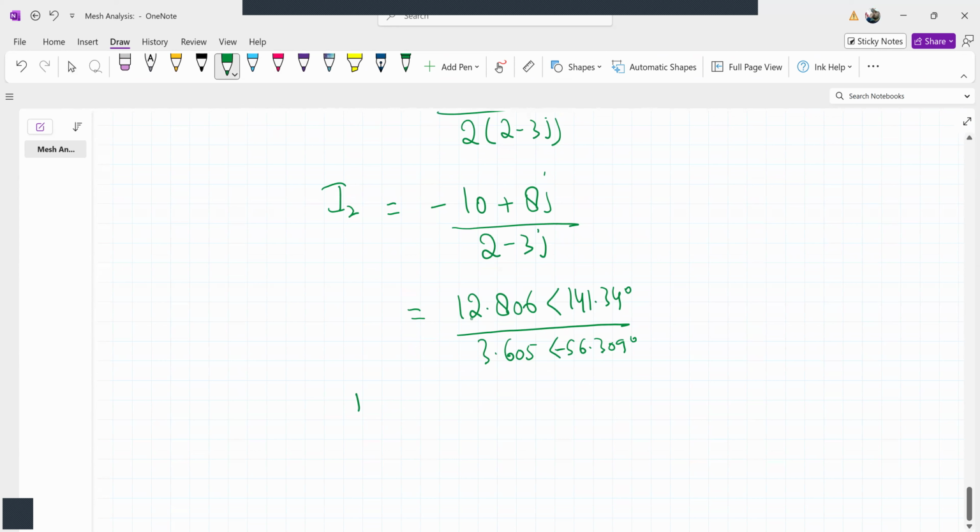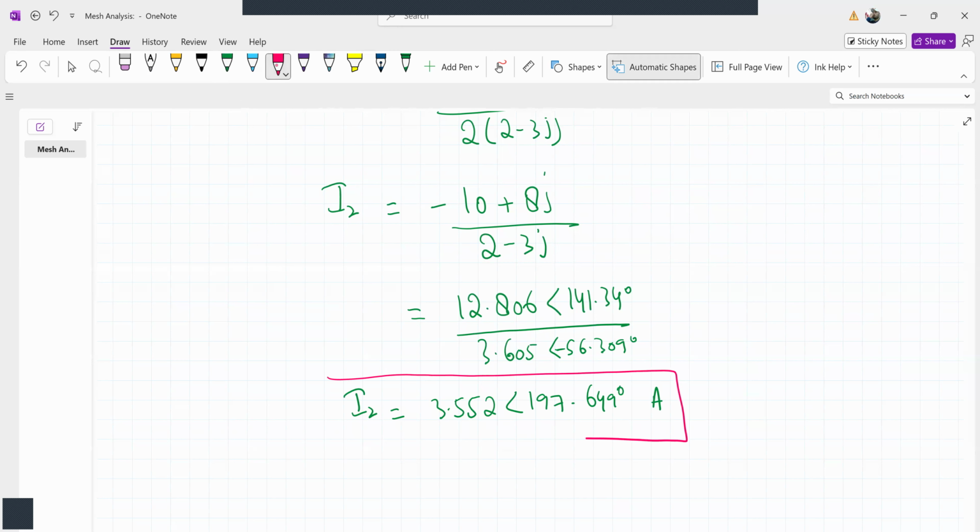So if you simplify, I2 will be equal to 12.806 divided by 3.605, that comes out to be 3.552 at an angle of 141.34 plus 56.309, because it is minus in the denominator, so it will be 197.649 degrees amperes. So this is the value of the I2 current.